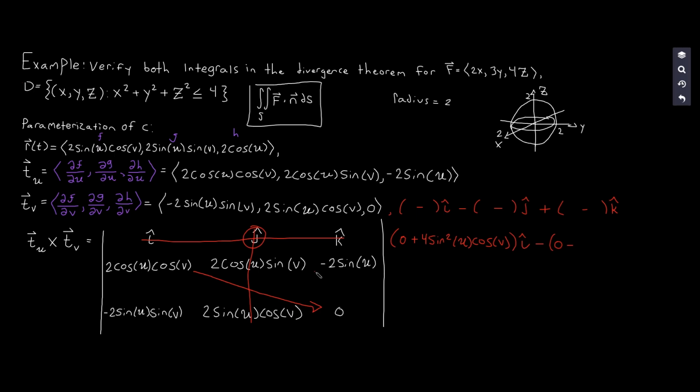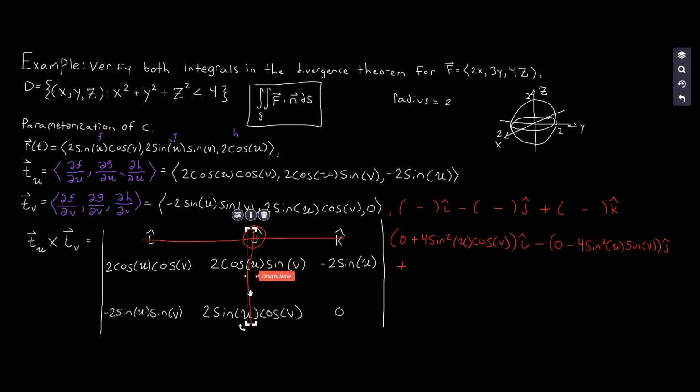And then from that, we're going to subtract what we get when we do negative 2 times sine of u times negative 2 times sine of u times sine of v. That is going to be a positive 4 sine squared of u times sine of v. So that will be our j hat.